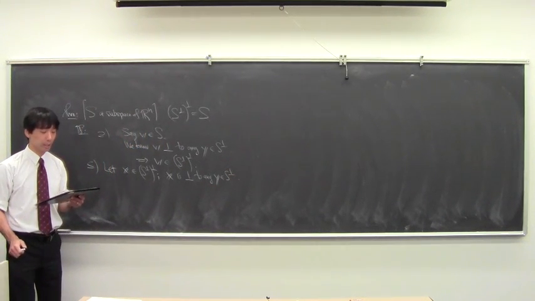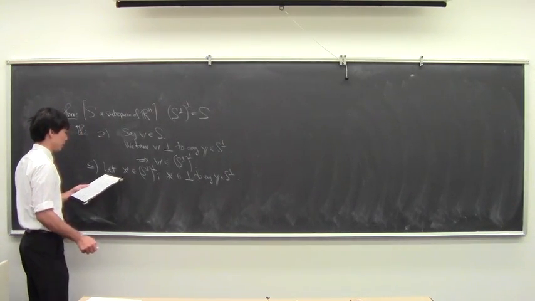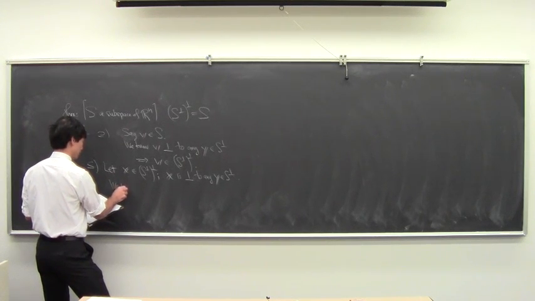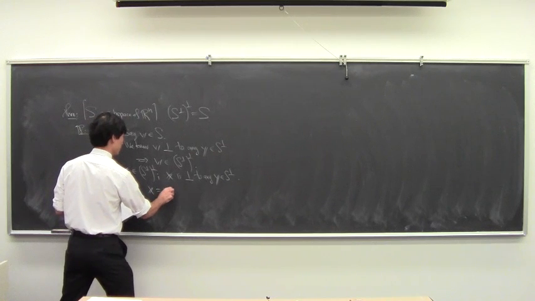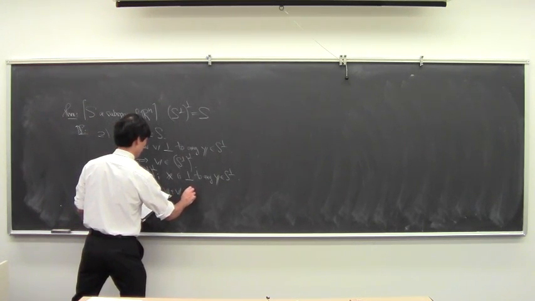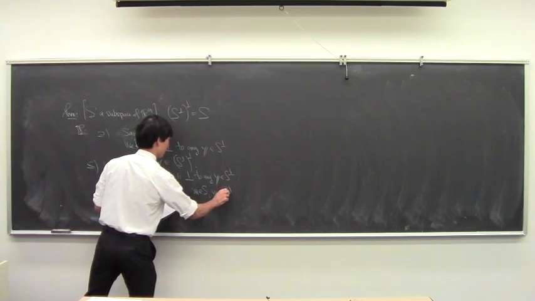X is perpendicular to anybody in S perp. Now we know one thing, that we can express X as U plus V, where U is in S and V is in S perp.